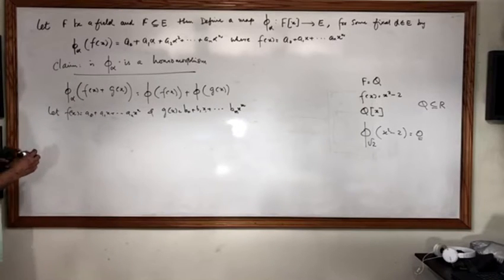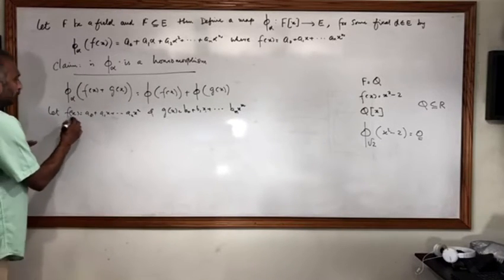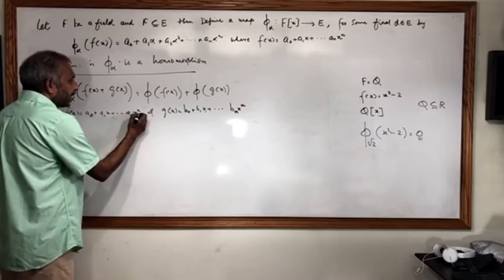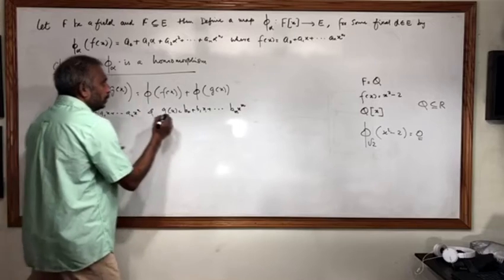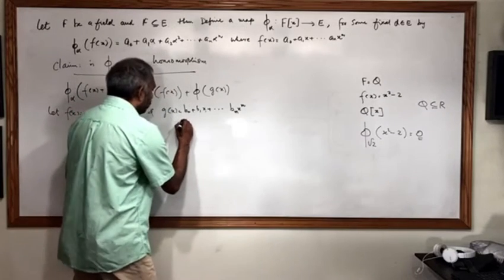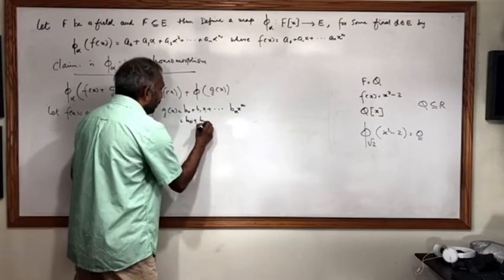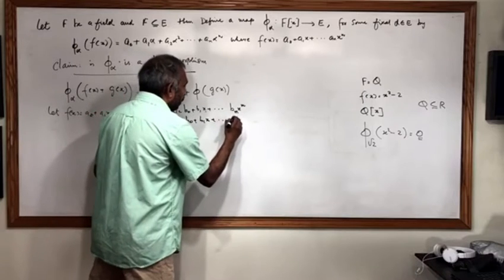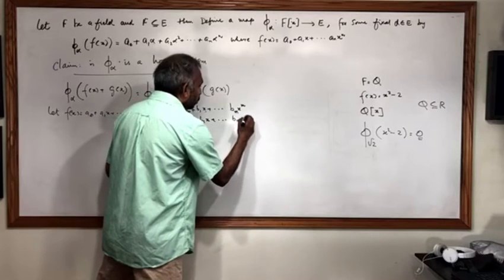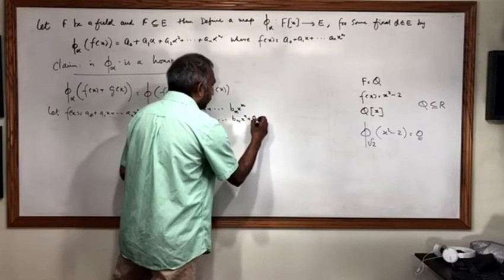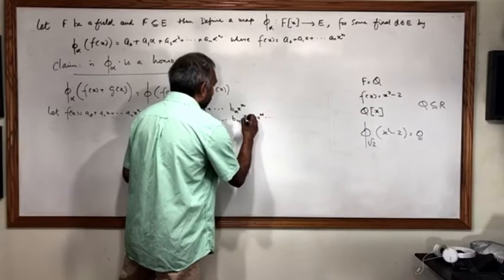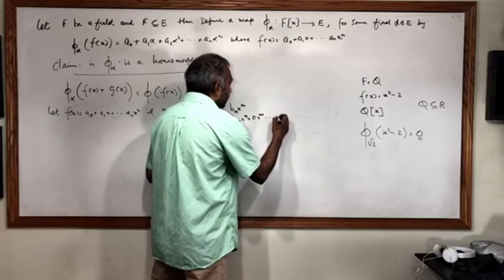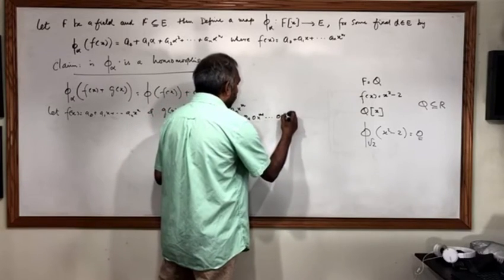Right? So how do you add? You take, let us assume that n is greater than m, then you extend this one to b0 plus b1x plus dash dash bm x to the power of m plus 0 x to the power of n plus 1 dash dash 0 x to the power of n.